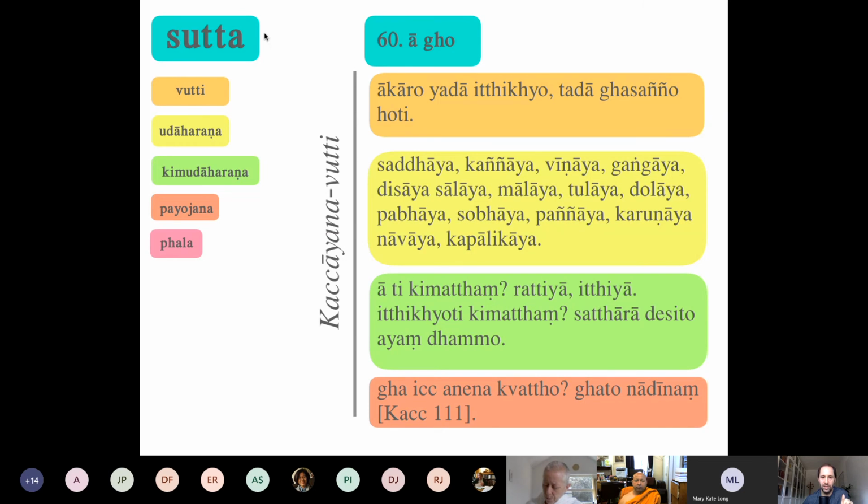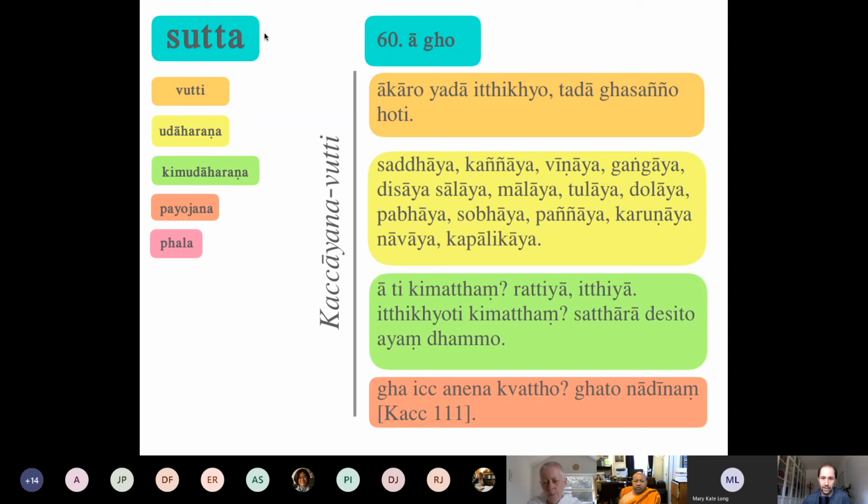That's why the kimudāharaṇa section, the counterexample, can ask this question: so what is the use of saying itthiyaṃ? That, and then giving other examples. In this case, the example would be that we have to say in the feminine, because there are some masculine words ending in long a, but they are not to be included in this technical term ga. So ga only expresses a ending in the feminine.